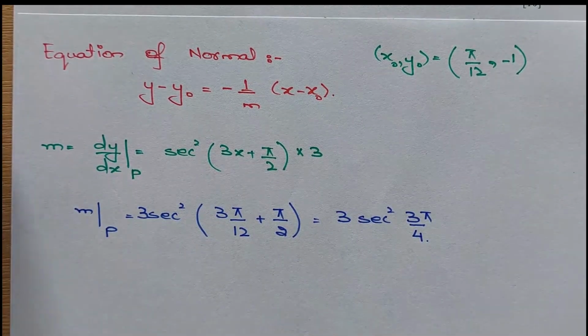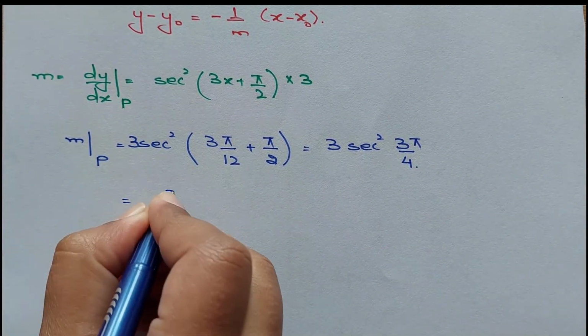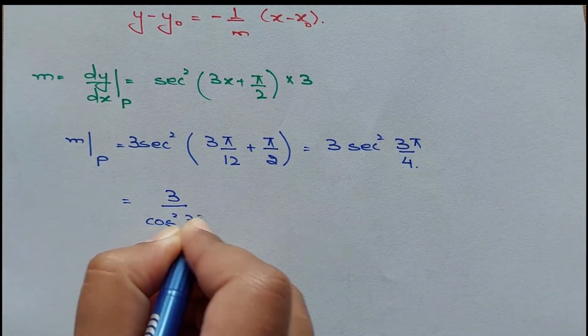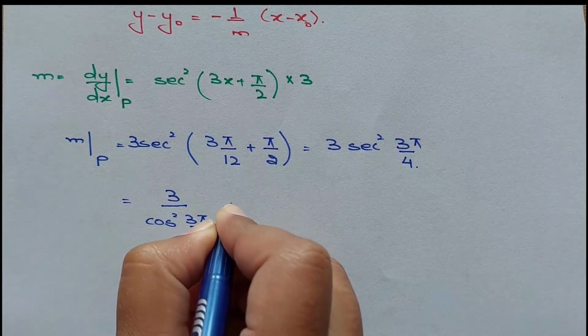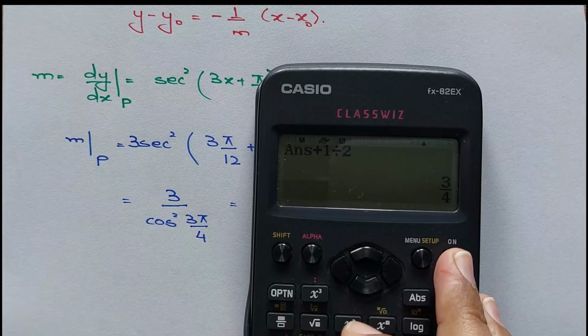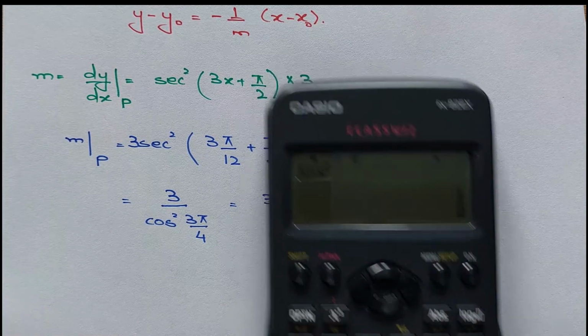So we know that secant is basically the reciprocal of cos. So we can say this is 3 over cos square of 3 pi by 4. So 3 pi divided by 4, doing cos of that answer and then squaring, we have 1 by 2.